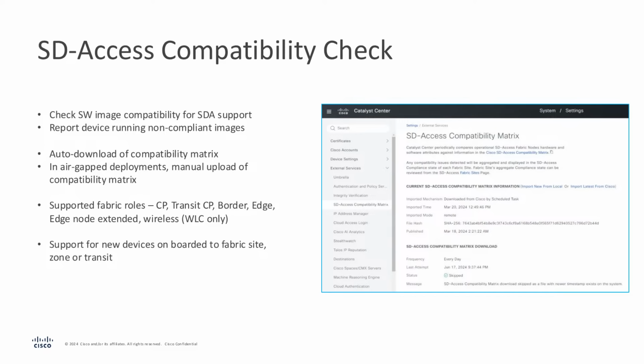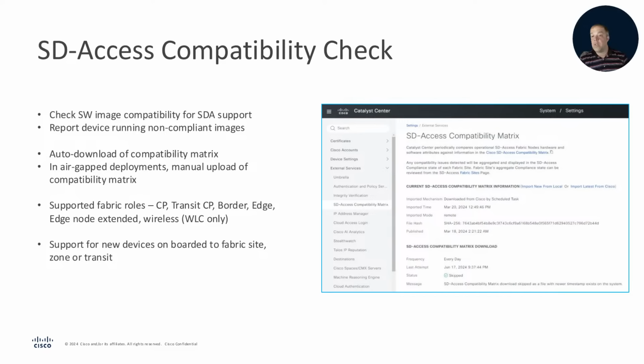So, the SD Access compatibility check. This is a feature in Catalyst Center that will ensure that the fabric devices that you have run compatible versions for SD Access. It will automatically download the compatibility matrix. It also allows manual uploads for air-gapped environments.